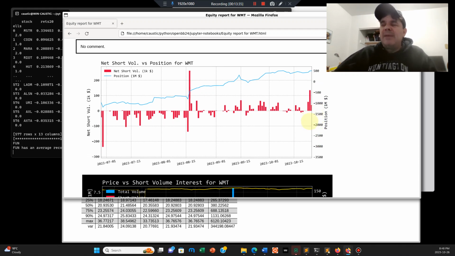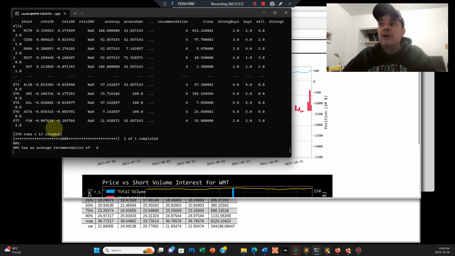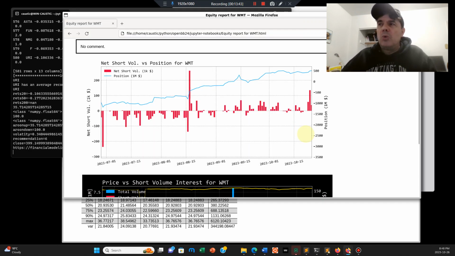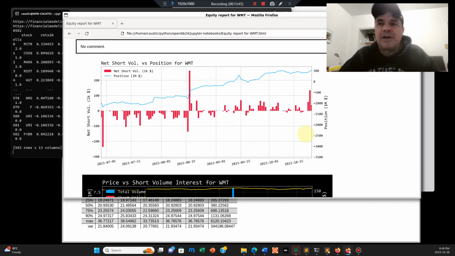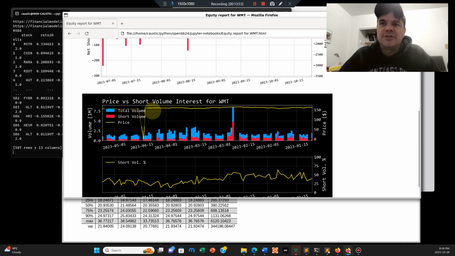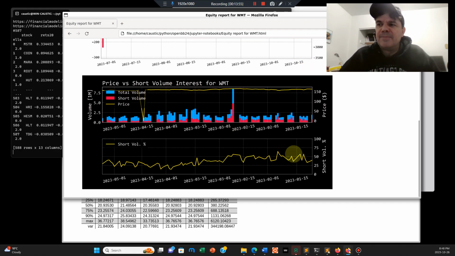And how do I know that? Because my system that you're seeing here picks it up, goes through a bunch of other filters measuring, and I'm going to show you what we measure. And number one is volatility. So it's a very low volatile stock, but still somewhat performing pretty good. So here we've got price versus short volume interest.